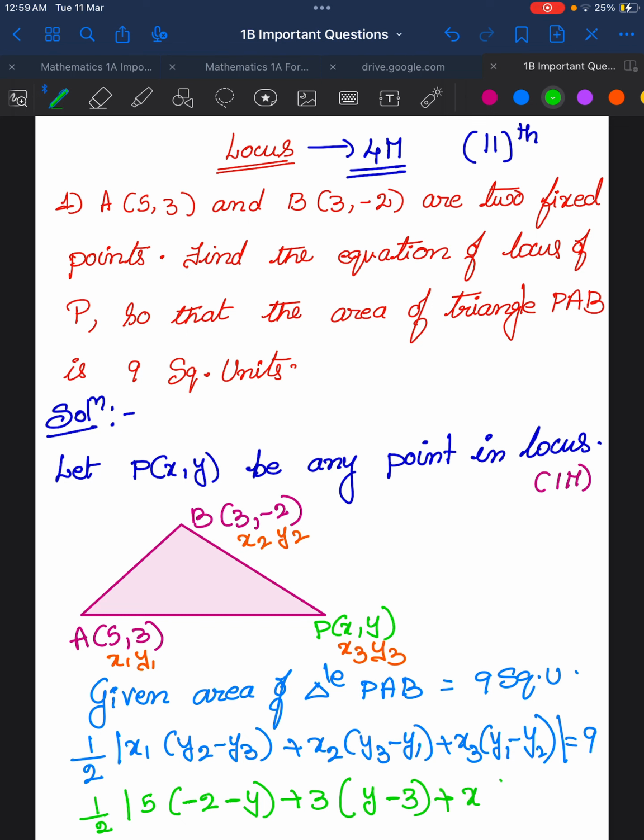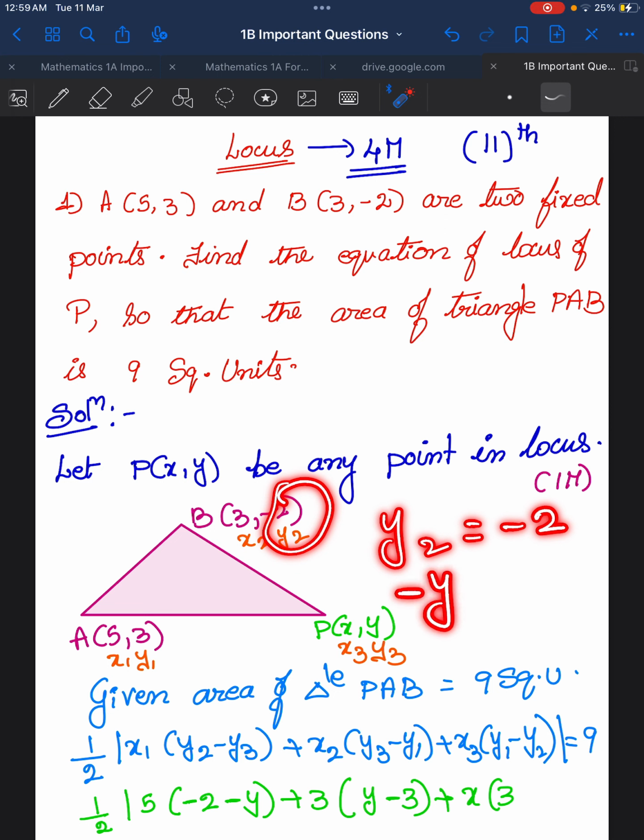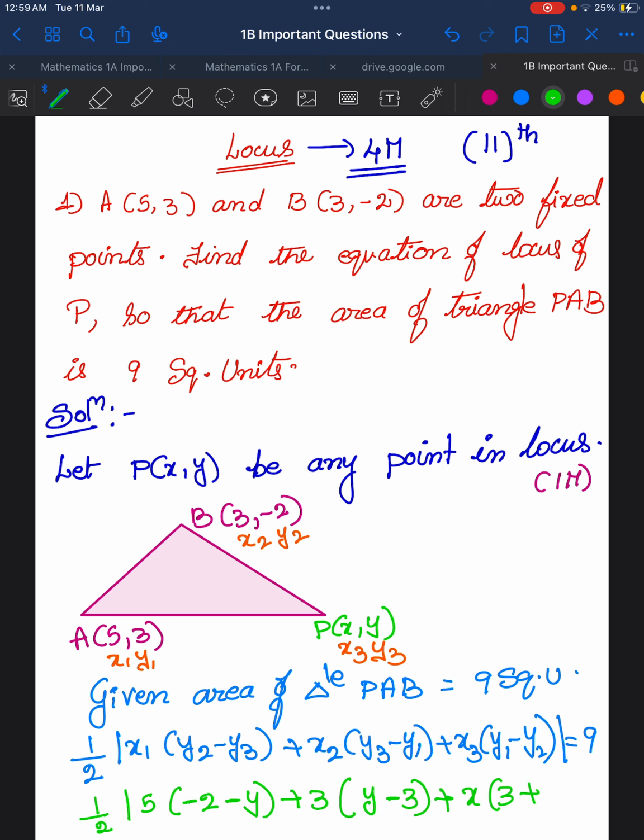x3 is x, into (y1 minus y2), that is 3 minus y2. Minus y2, where y2 is minus 2, becomes minus of minus 2, which is plus 2. So here I am writing plus 2, is equal to 9.